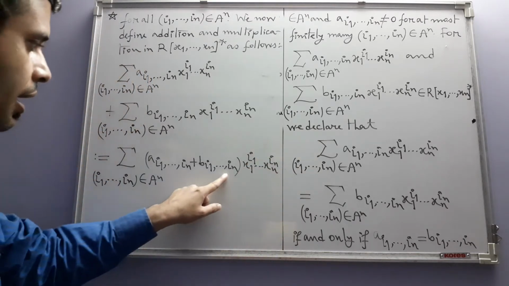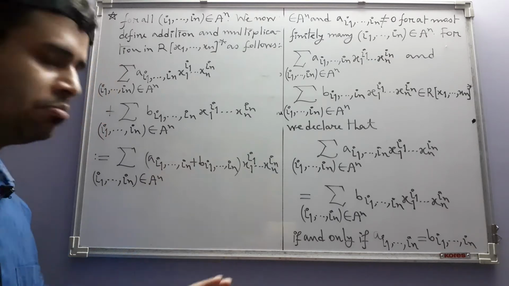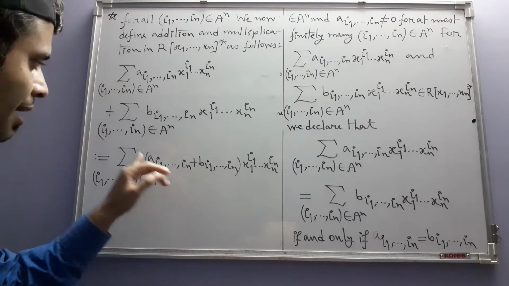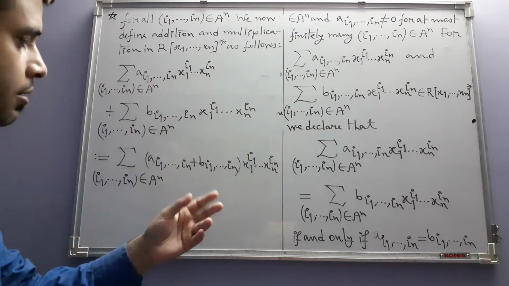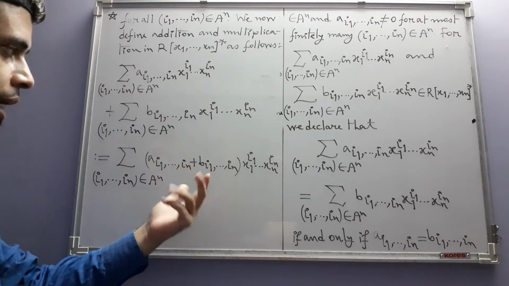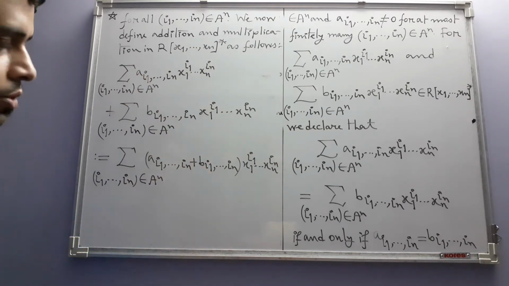No matter how complicated these A's and B's look, after all they are elements in the original ring R. So this addition is the addition we have in R.